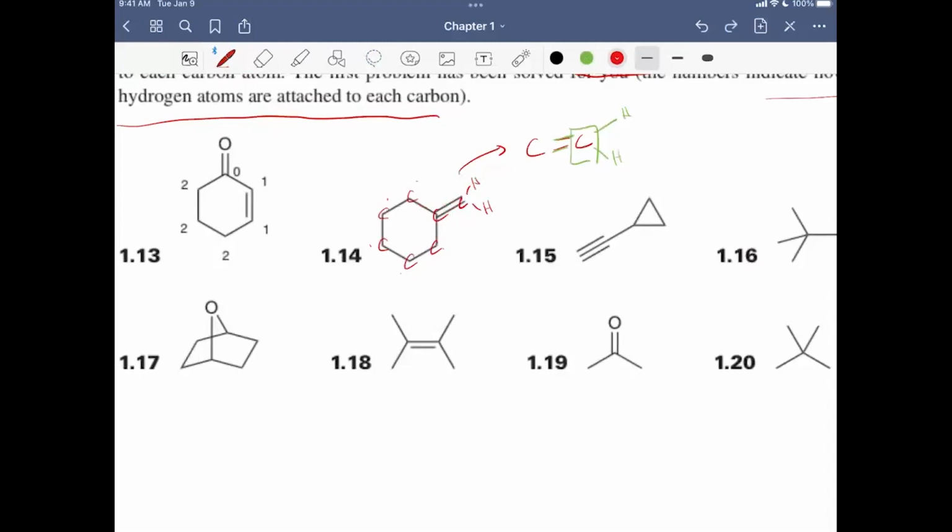And the rest of these are going to be 2 hydrogens. And why do we know that? Because the rest of these are single bonded to 2 other distinct carbons. So for this one right here, we have 1, 2 bonds. So to make it a filled octet, we need 2 other hydrogens. So you can do that for each one of these.